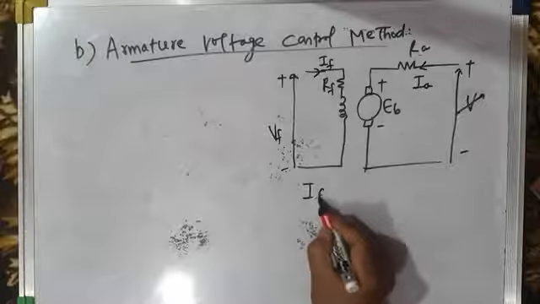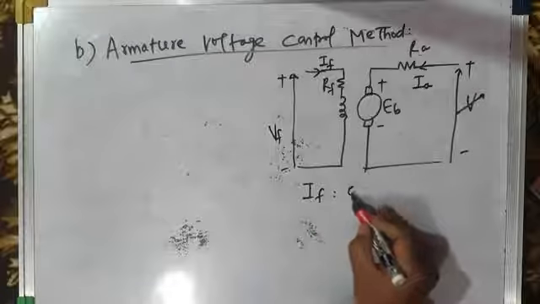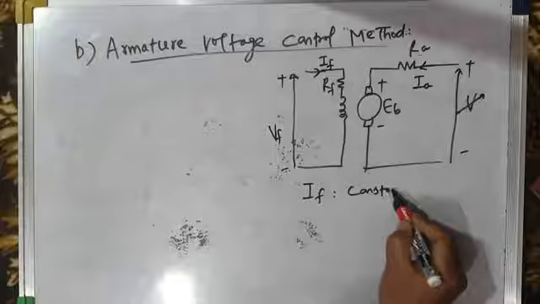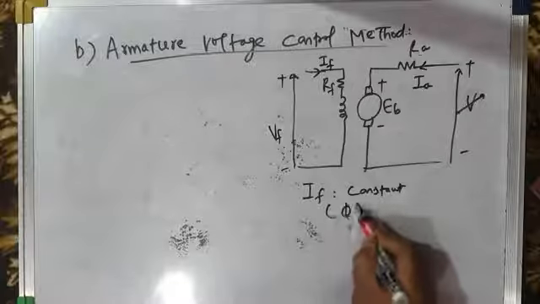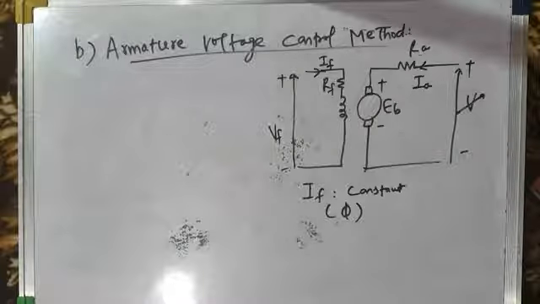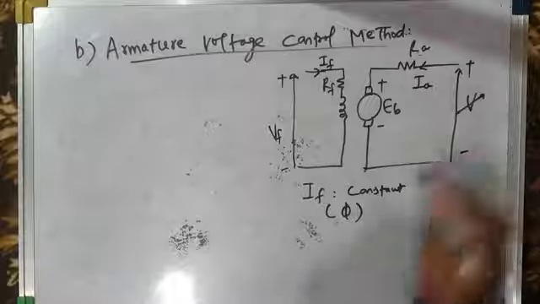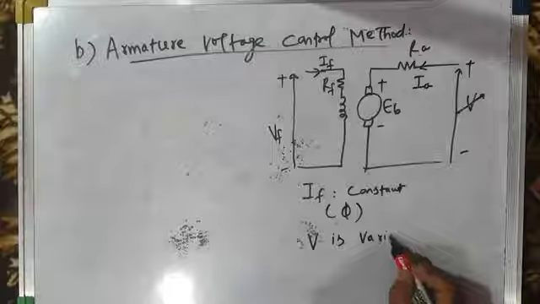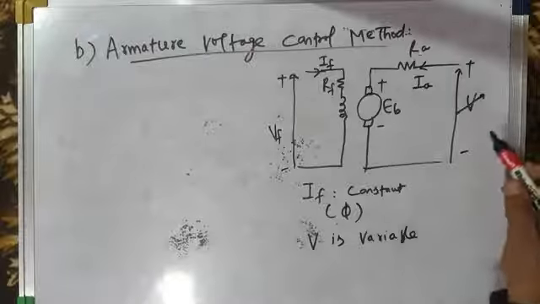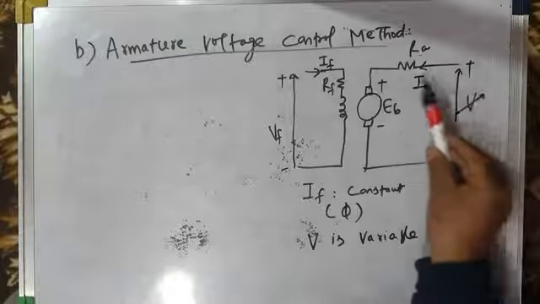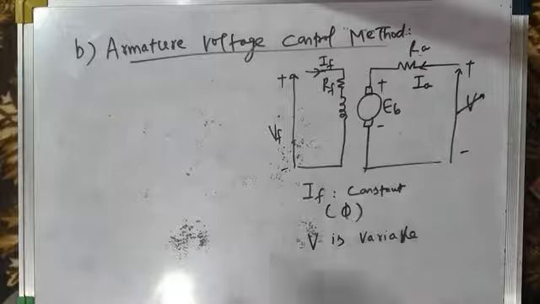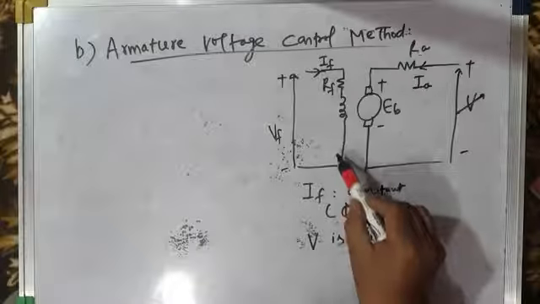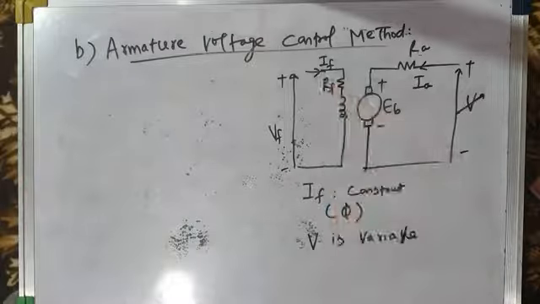So If is kept constant, which means the flux is also constant. But the applied voltage across the armature is variable. So we impress a variable voltage across the armature terminals, keeping the flux constant by keeping the field current constant.